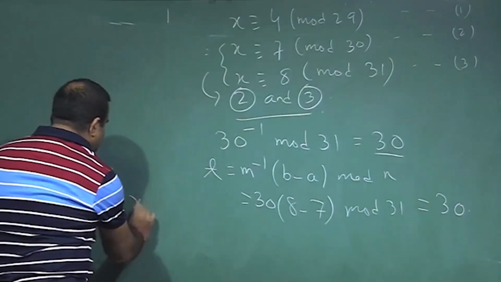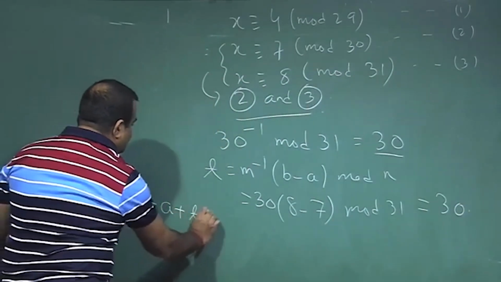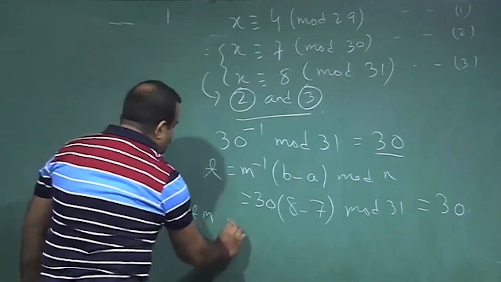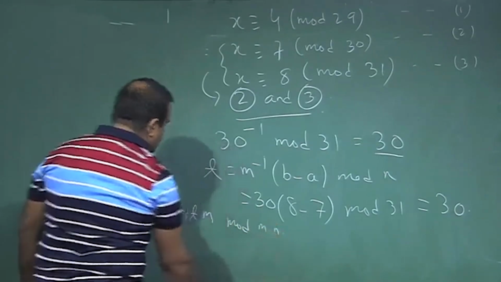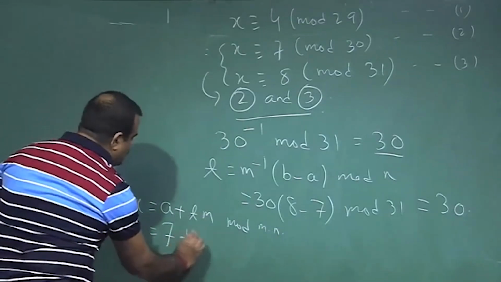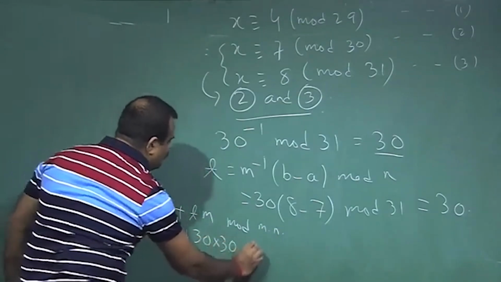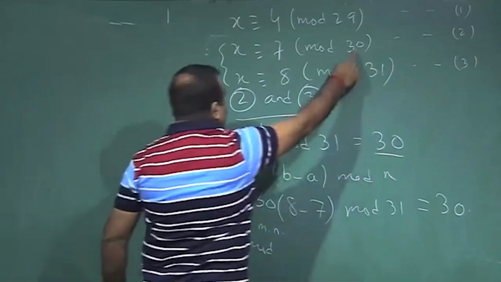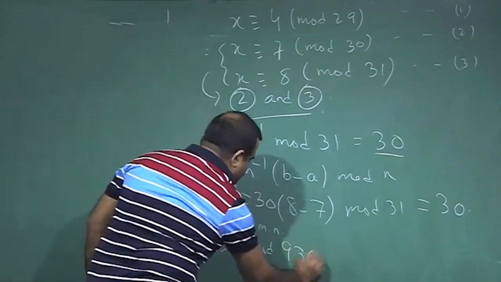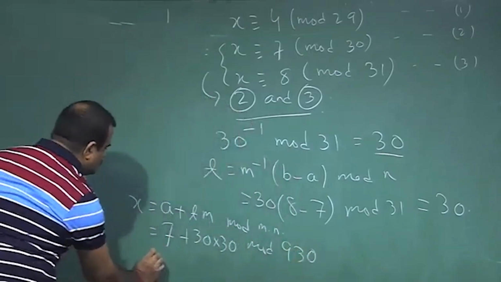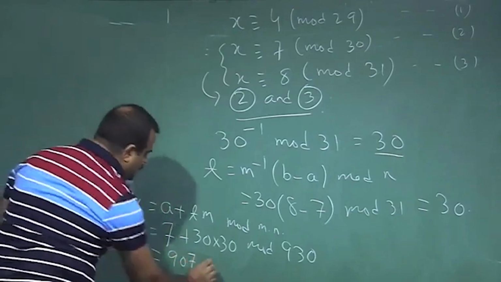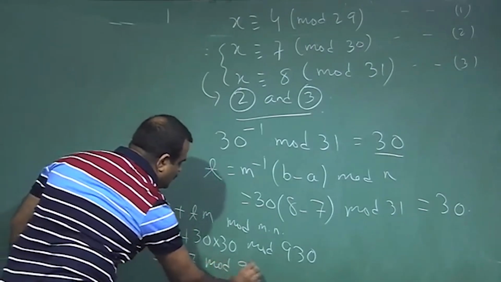Okay. So x is then a plus tm. We got t, and m we know. So x is this mod m times n. So this is 7 plus 30 into 30, mod. If you multiply these two, we get 930. So this is coming out to be 907 mod 930.